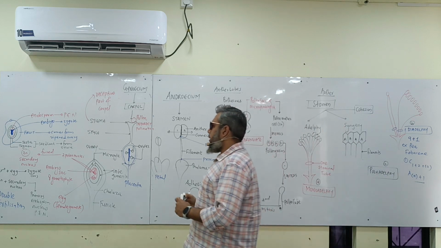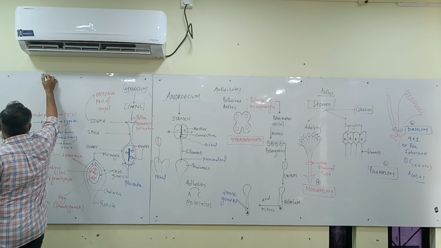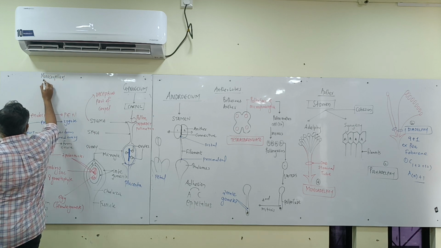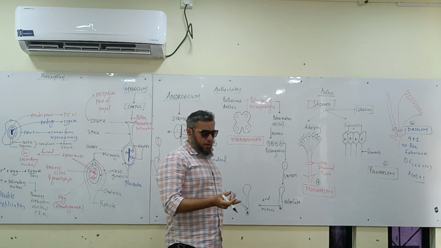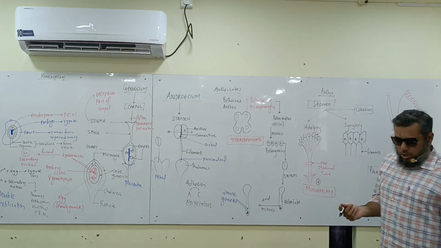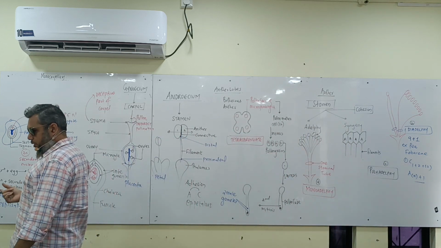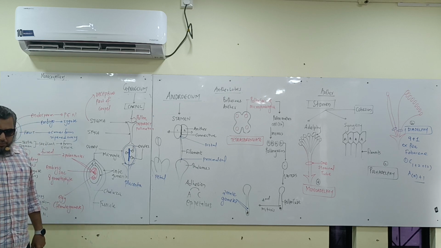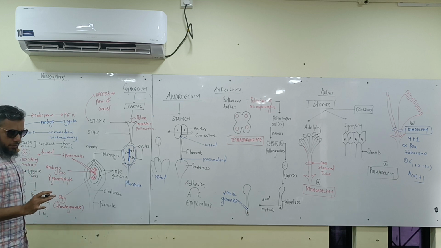If there is only one carpel, the condition is called monocarpellary. क्या कहेंगे उसको? शायद नाम से ही समझ में आ रहा है। मोनो मतलब वन, कार्पेल मतलब कार्पेल। So there is only one carpel, called monocarpellary. More than one will be called bi, tri, multi. पेंटा पेंटा बोलने का जरूरत नहीं है। आया समझ में सबको?